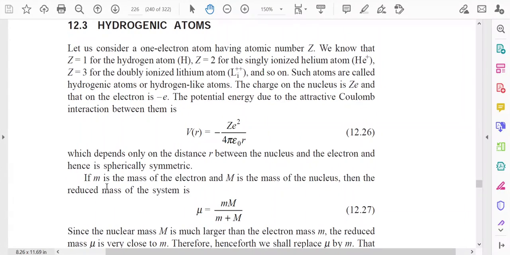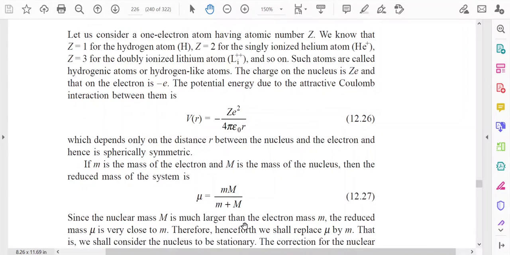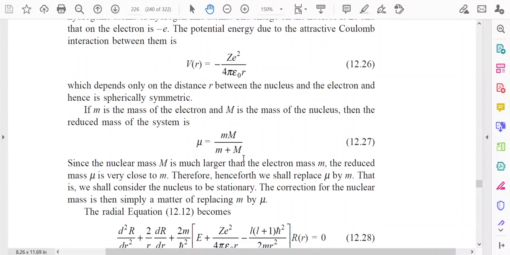Now, if small m is the mass of the electron and capital M is the mass of the nucleus, then the reduced mass of the system is mu equal to small m into capital M divided by small m plus capital M. From this expression, we can see that the mass of the nucleus, capital M, is very large compared to the electron's mass small m.